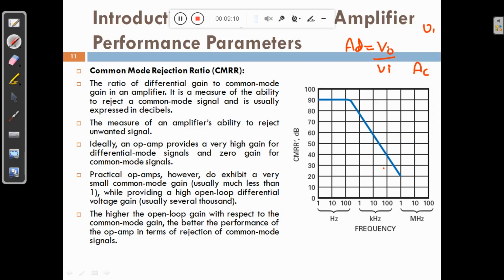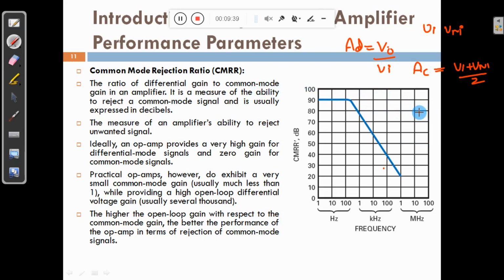Suppose VI and VNI are the two voltages we are going to give to the terminals of the operational amplifier. Then common mode gain is represented by VI plus VNI divided by 2.